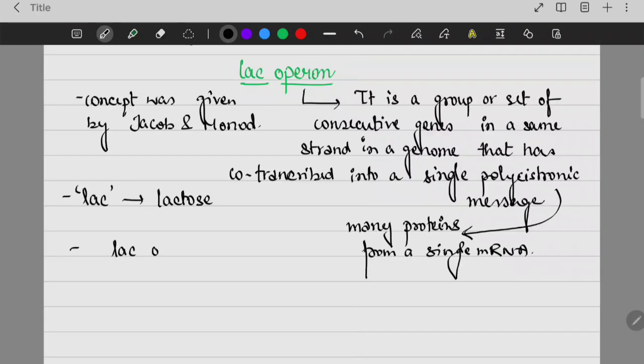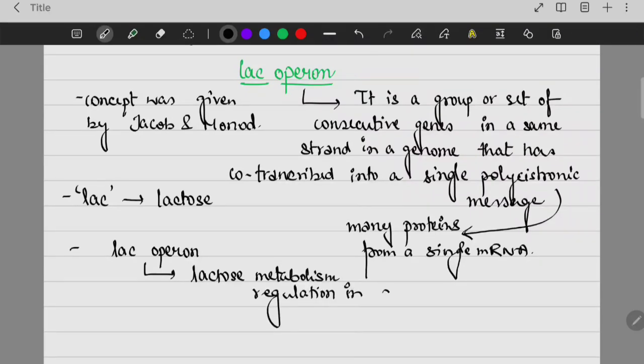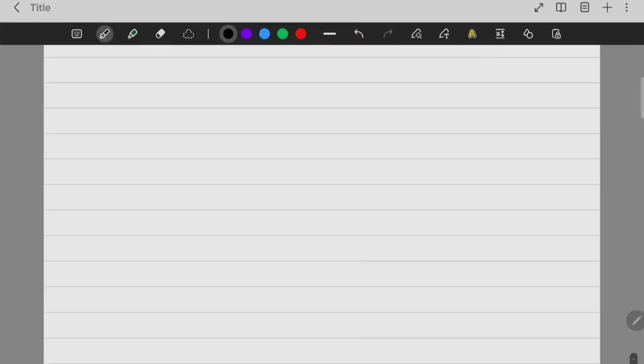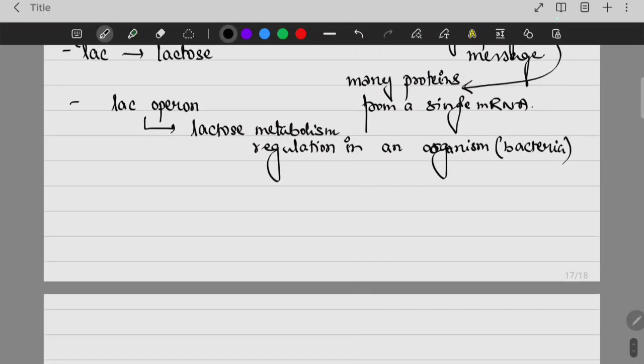So lac operon means lactose metabolism regulation in an organism, generally bacteria. This operon concept is mainly present in the prokaryotes. Okay. Now I will show you a diagram here.